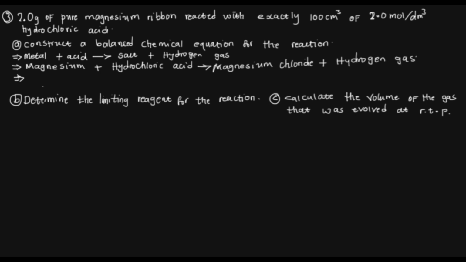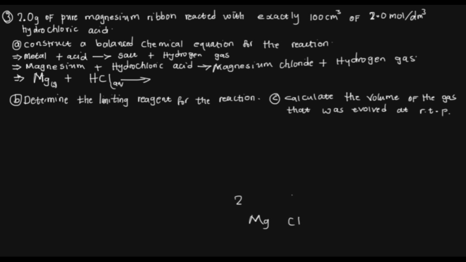Okay, now magnesium has the chemical symbol Mg, solid, hydrochloric acid HCl aqueous. Now magnesium is in group 2, so it has a valence of 2.